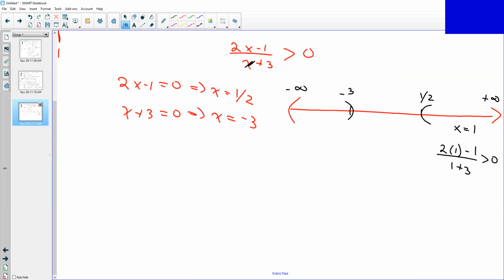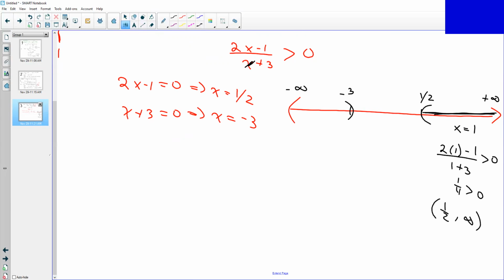Yes, because this will be 1/4, and 1/4 is bigger than 0. So then therefore any number here will satisfy it. So the interval that I will get from this piece is 1/2 to infinity. Any number in that interval will be the solution to this inequality.